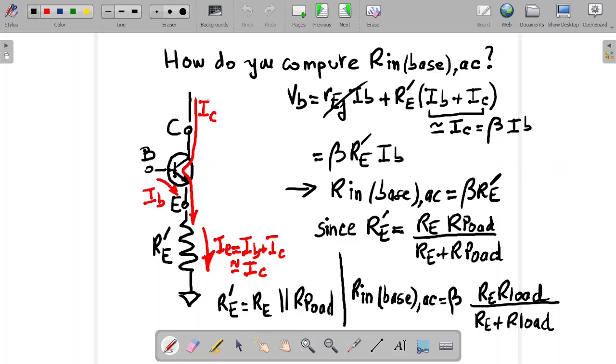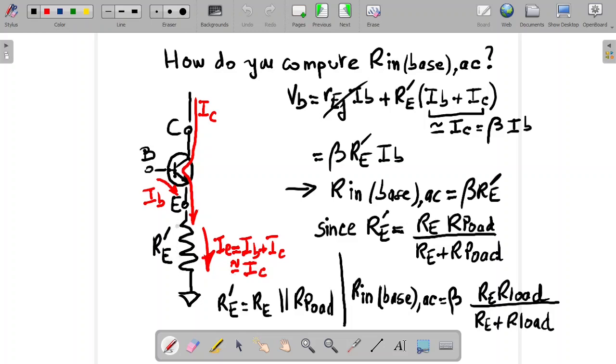Of course you have the collector current, IC, which goes like this, and you have the emitter current, IE, which is equal to the sum of the two, so IE equals IB plus IC. As you know, IB plus IC is slightly larger than IC, but we assume it's equal to IC, so IE is pretty much IC.